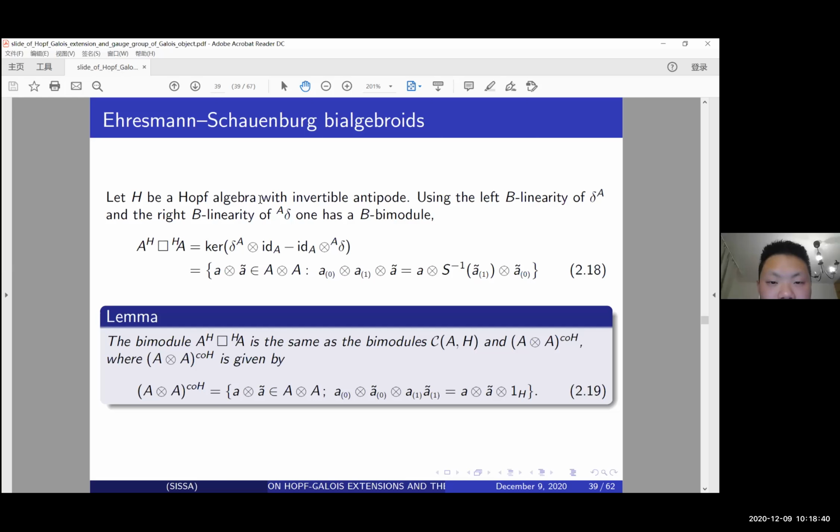But of course, you highlight it because this is exactly the linearity that you need in order to define things, right? Exactly. So in order to define the box tensor product, we also need delta A on the right to be right bilinear, and delta A on the left to be right bilinear. That's true. Yeah, the cotensor product.